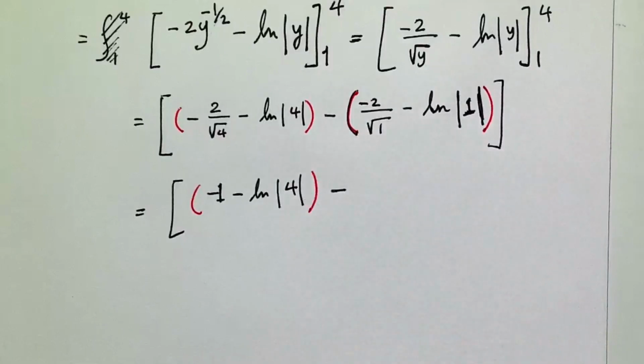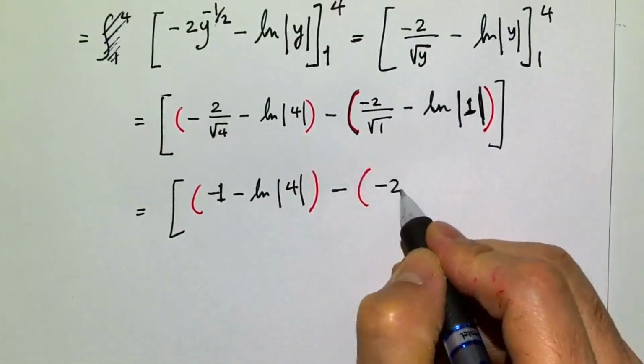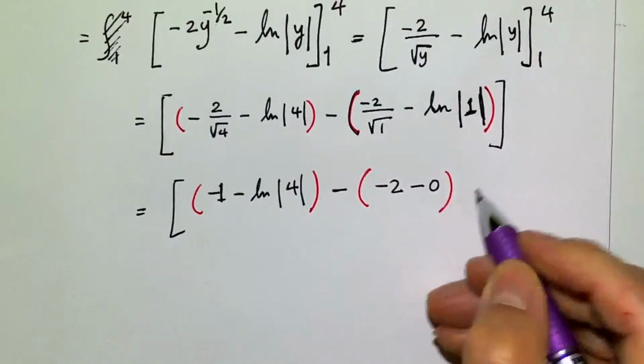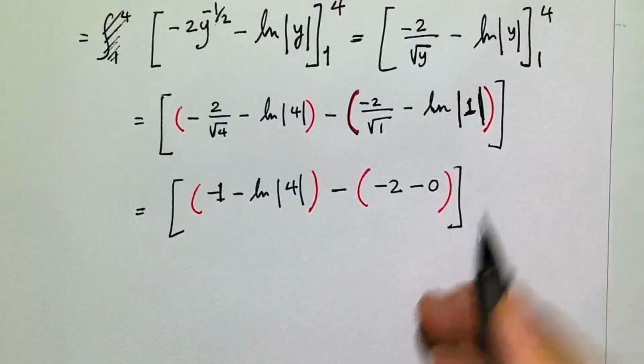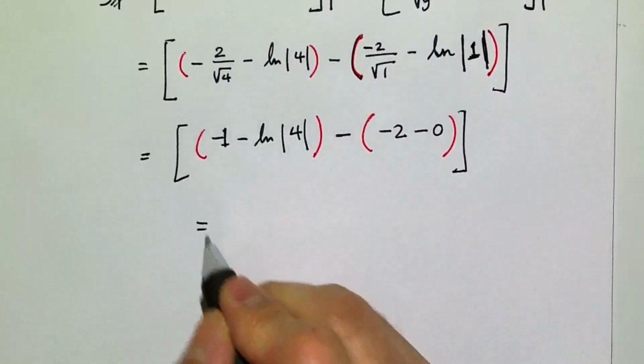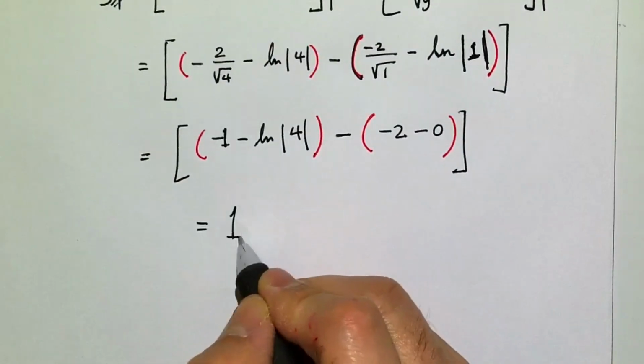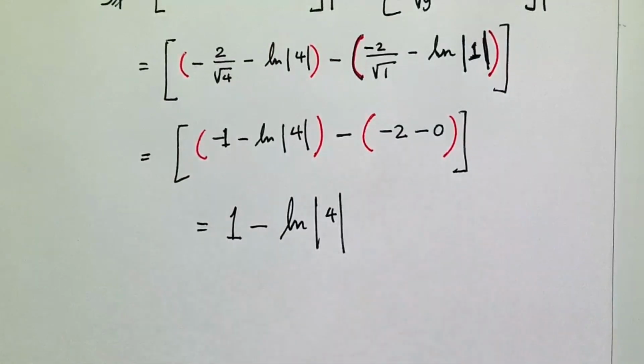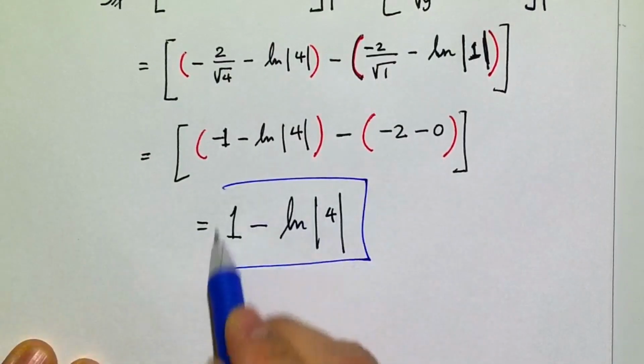It looks better that way, and it's exact. And then minus 2 minus 0, right? Like that. So then we have 1 minus natural log of 4, like that. Okay, that's the final answer.